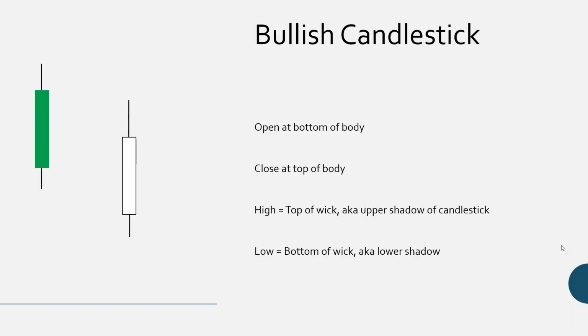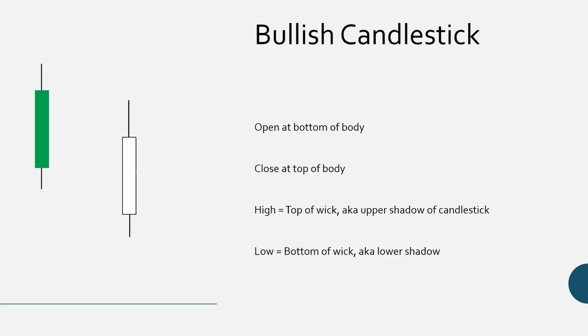Now, before we get started into talking about highs and lows, you do need some basic understanding about candlesticks. Basically, what's a bullish candlestick versus a bearish candlestick? A bullish candlestick normally on a chart will either be represented by a green candle or a white candle.